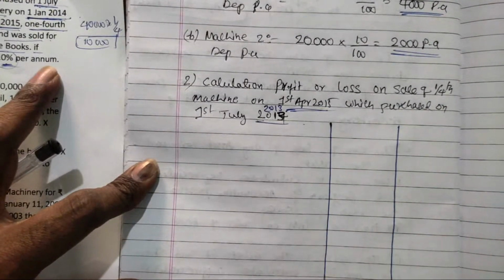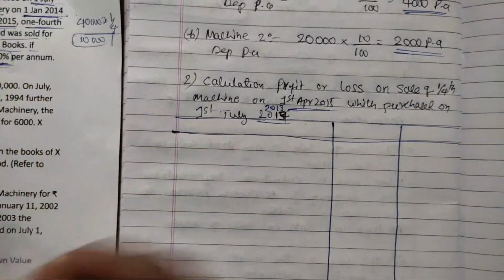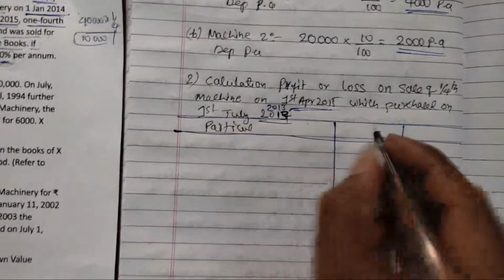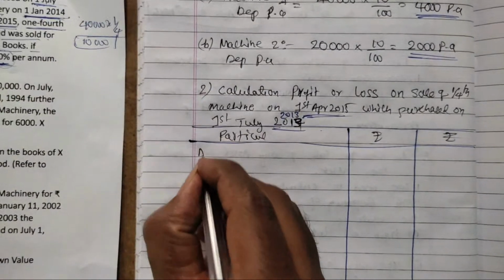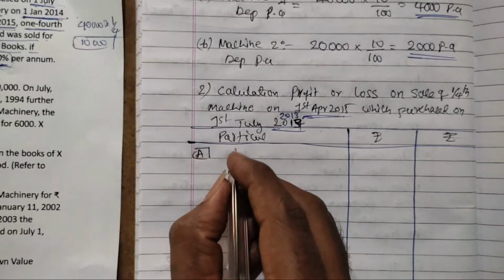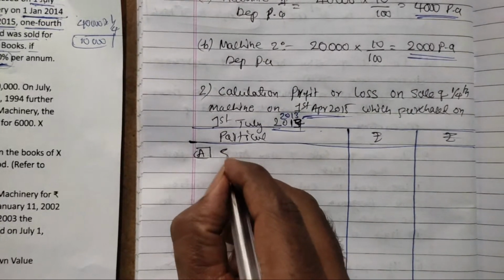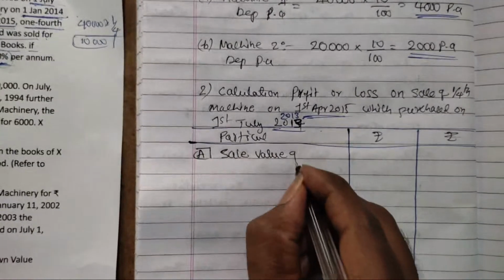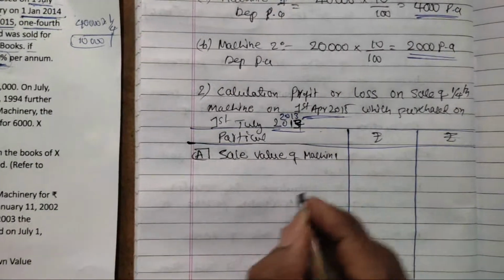For this, this format is required. Particulars, amount in one inner column, amount in one outer column. First I am writing A, actual sale value. Sale value of machine 1.